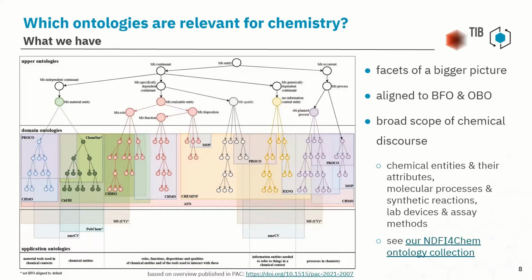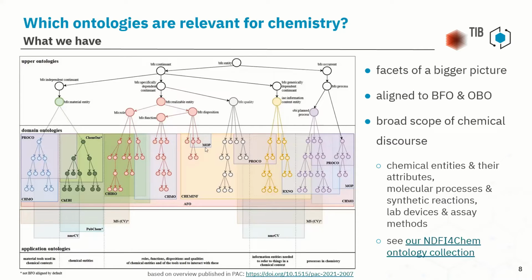You can see the range goes from material entities. So we have ChEBI, for instance, that is about molecules, atoms and particles. We have CHMO, which is the chemical methods ontology, which is for material entities in terms of lab devices. The same goes for PROCO, the process ontology.